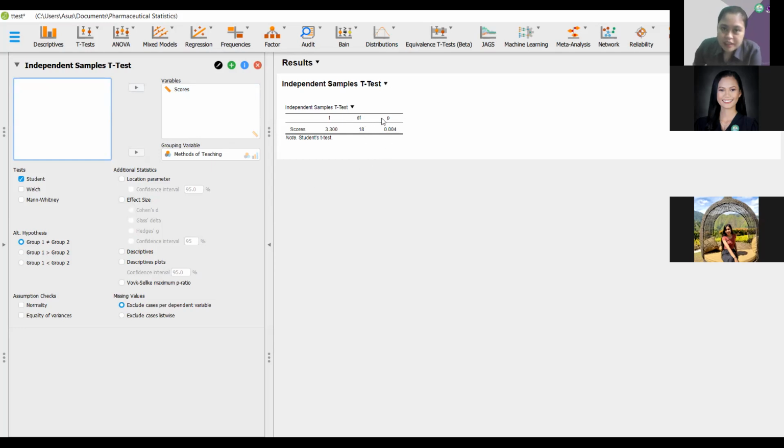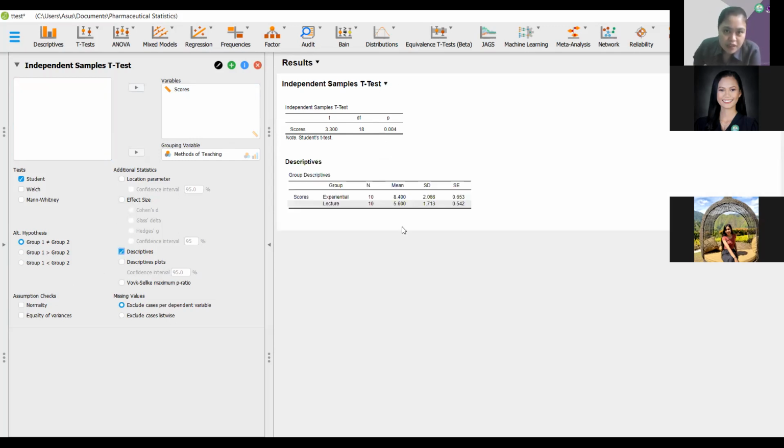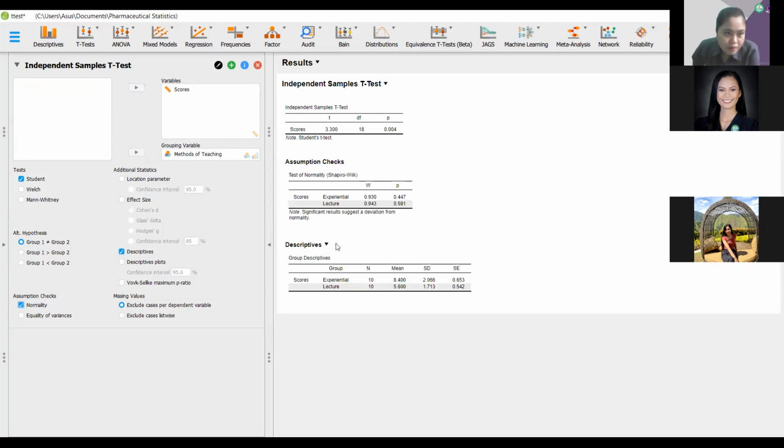Before we decide later, let's do the assumption checks first. You can click descriptives to know the mean. Automatically, it will give you both the mean and the standard deviation. And for the normality check, click normality and let's see the p-value. That is called the Shapiro-Wilk test. If the p-value here is greater than 0.05, then yes, the data is normally distributed.